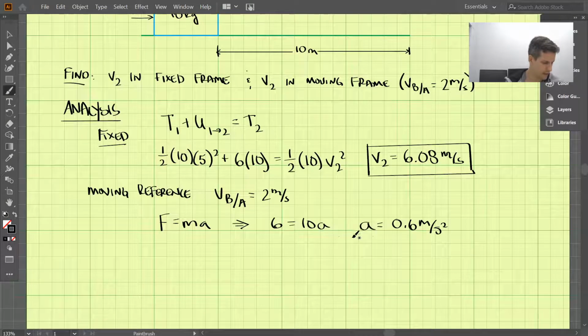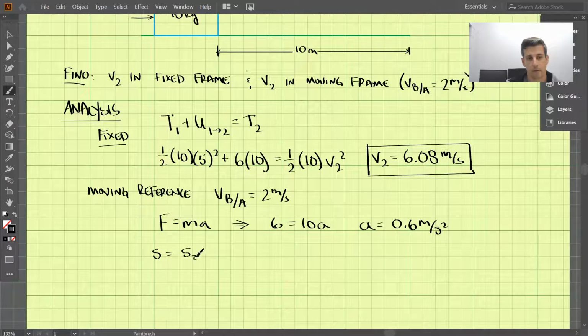So why do we need to know that? Because we need to know the time it takes to travel this 10 meters. To figure out the time, we're going to use this equation: s equals s naught plus v naught times t plus 1/2 a constant acceleration t squared.